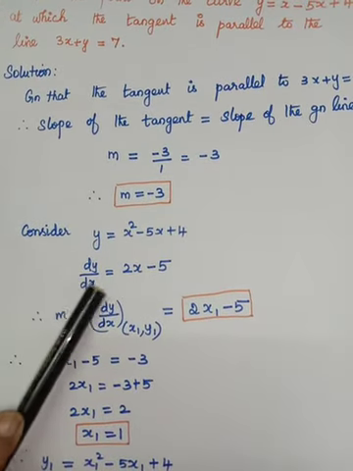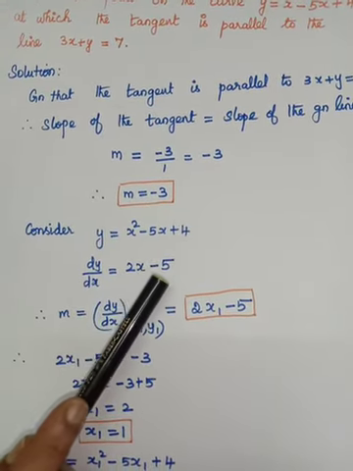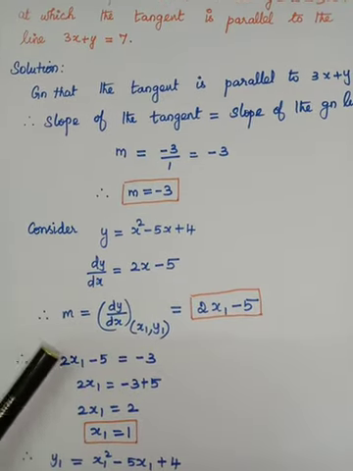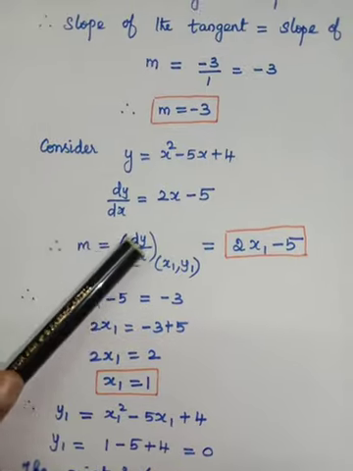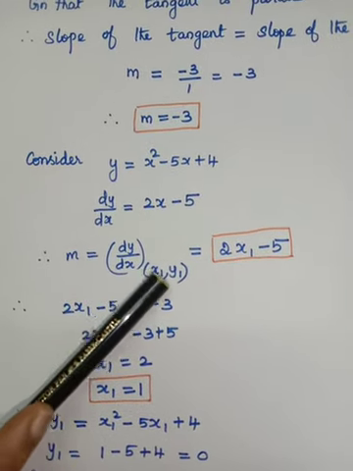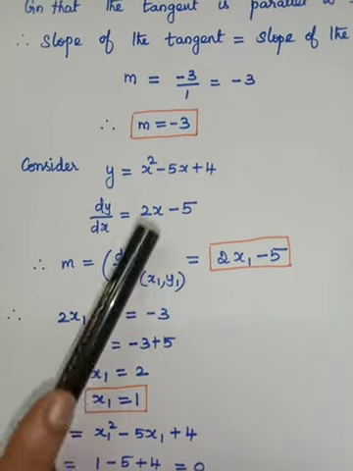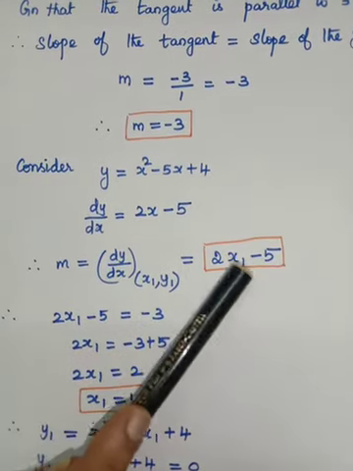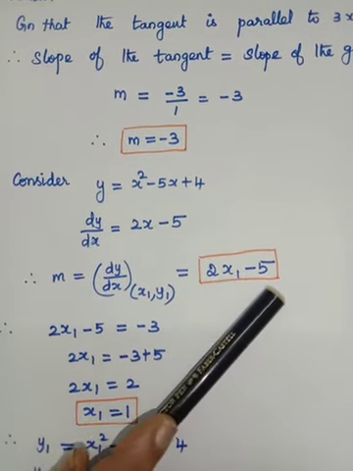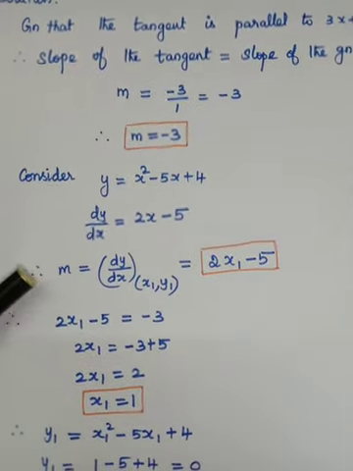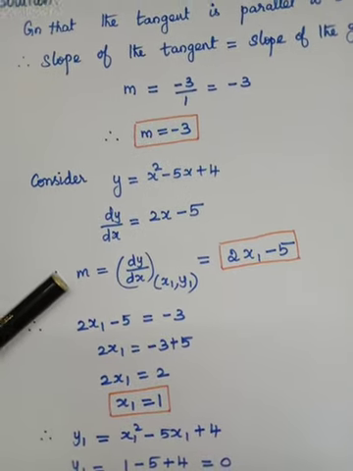So you are getting dy by dx is equal to 2x minus 5. So how to find m using derivative? So m is equal to dy by dx at x1 comma y1. So in that you have to substitute x1, 2x1 minus 5. So what is this? It's a slope of the tangent to the curve.